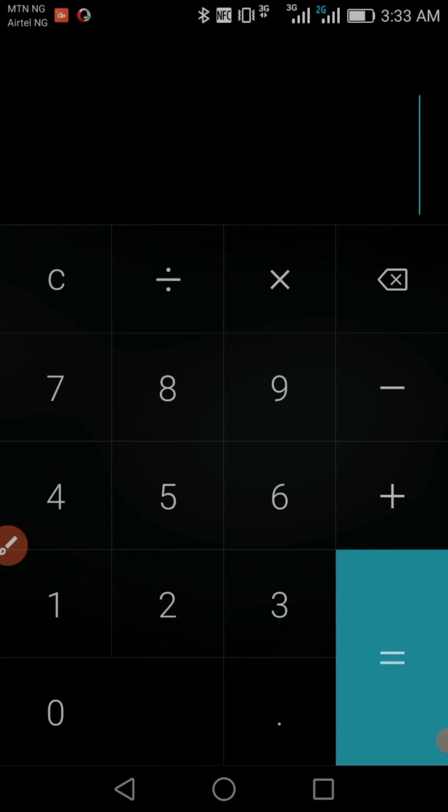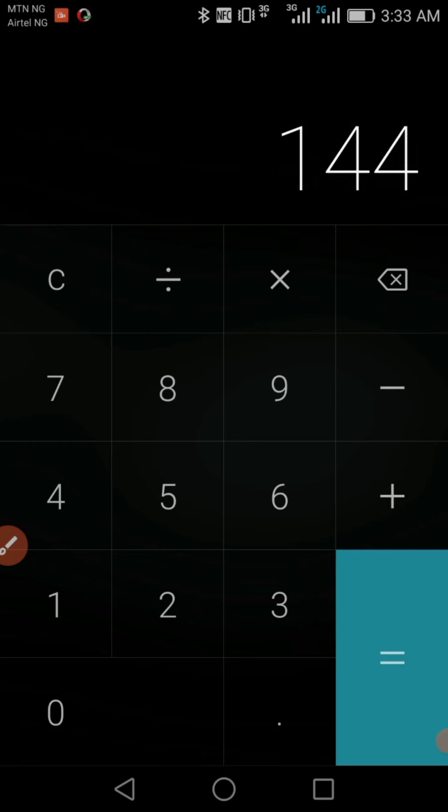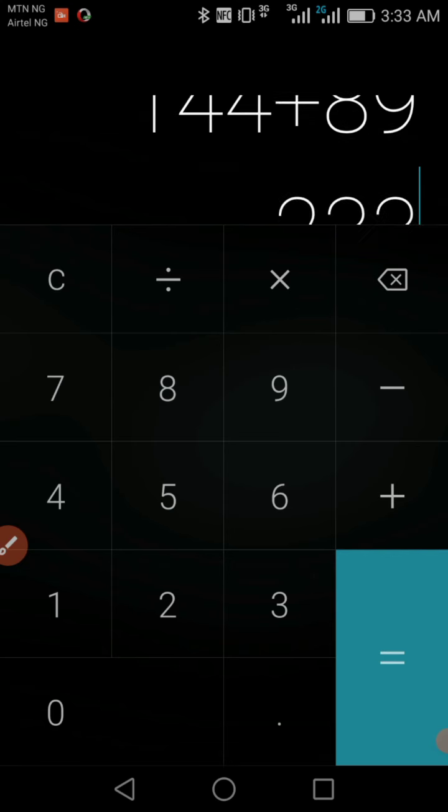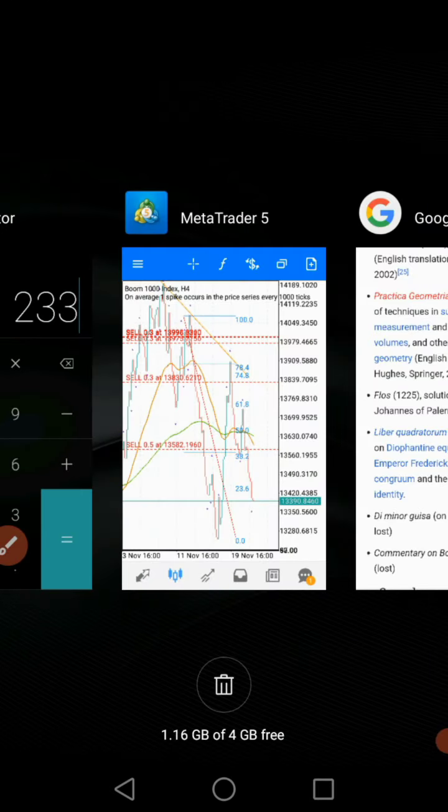Now 55 plus 89 is giving us 144. And then 89 plus 144 is giving us what? 233. So that's how he came up with what we call the Fibonacci sequence.